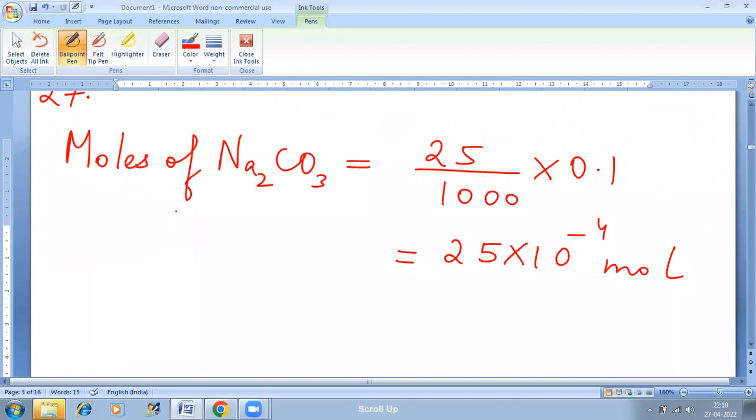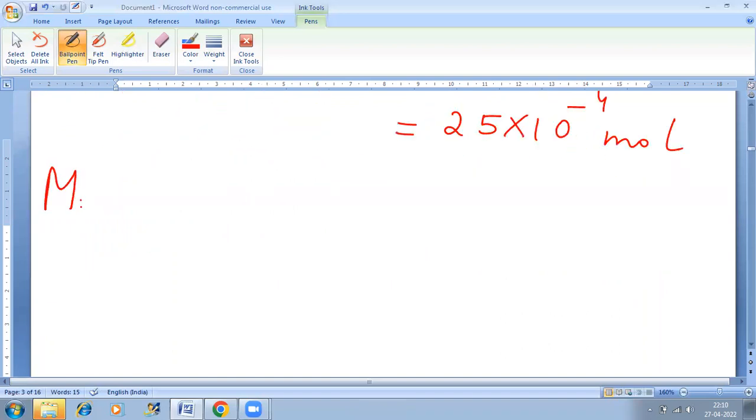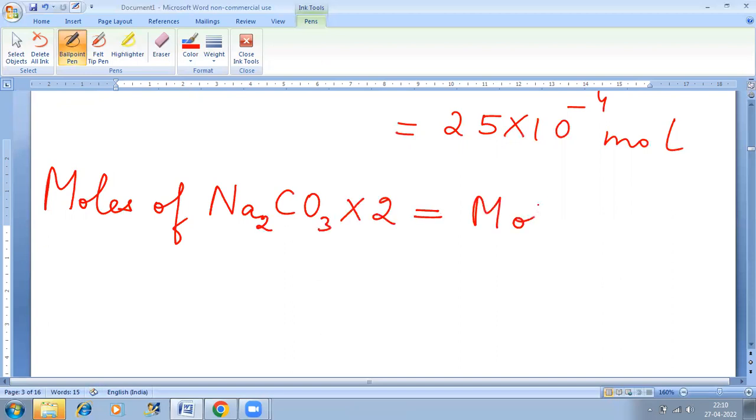If only phenolphthalein is used, then I can get this. Now, if methyl orange is used, then what will happen? The equation becomes this. This is the equation if methyl orange is used.